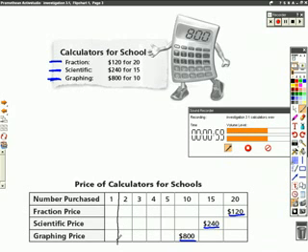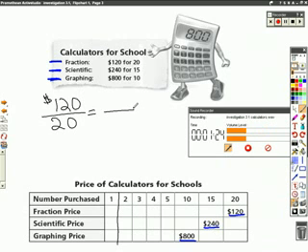So let's start with the fraction calculator. That's $120 for 20. So how do we work this table? How do we figure out what is the cost for 1? If you remember, we talked about unit rates earlier in the getting ready section. So if it cost us $120 for 20 calculators, what we want to know, and this is calculators, this is price.